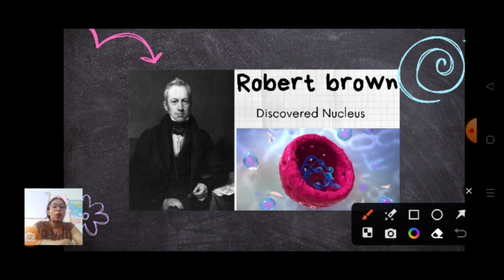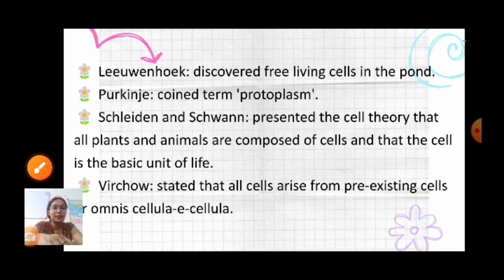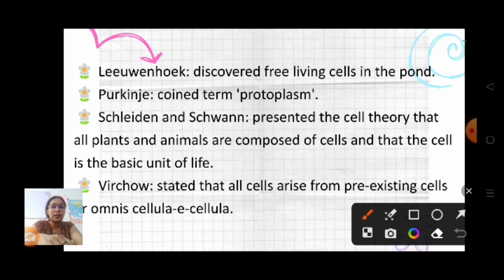Then next is Robert Brown. He was the one who discovered nucleus. So Robert Hooke discovered cell, and Robert Brown discovered the nucleus. Don't be confused at this. Now let's move on to the next. We have 4 scientists who contributed to different studies.